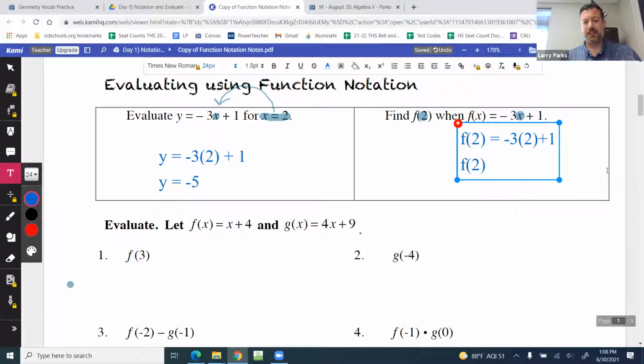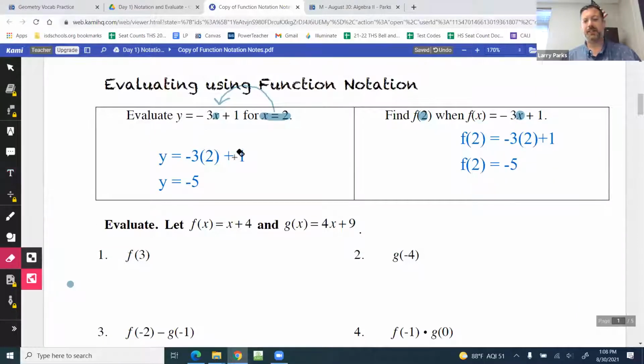F of 2, all that means is, what do you get when you plug 2 in? And then -3 times 2 is -6. -6 plus 1, -5. So notice, these are the same question. This is in traditional x comma y form. This is in function notation form. But all that means is plug 2 in for x.